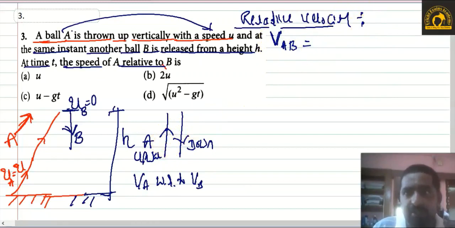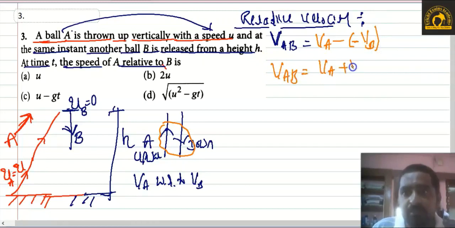Both directions are opposite. When the directions are opposite, it is VA minus of minus VB, so the velocity of A with respect to B is equal to VA plus VB.